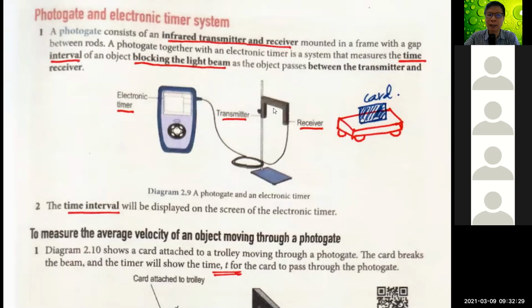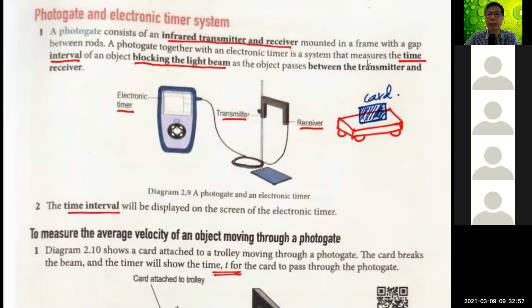So the electronic timer can record the time for the trolley to move the distance of the card, because only the card blocks the infrared. The time taken for the trolley to move this distance can be recorded. It is very, very accurate.